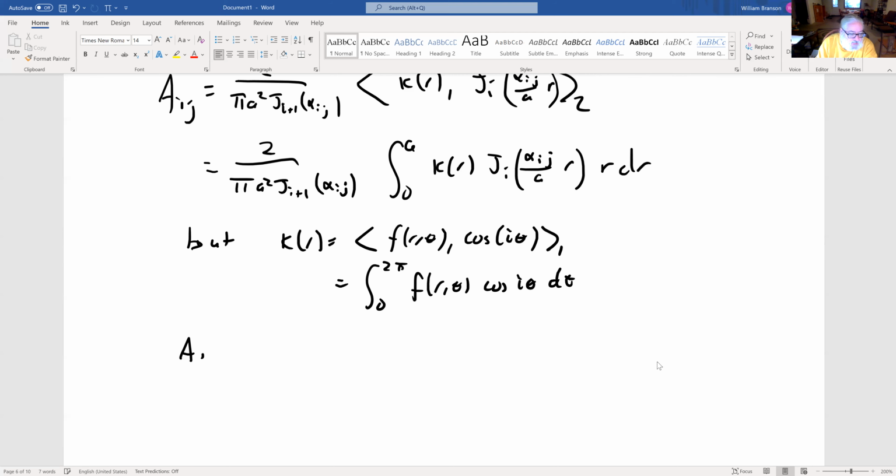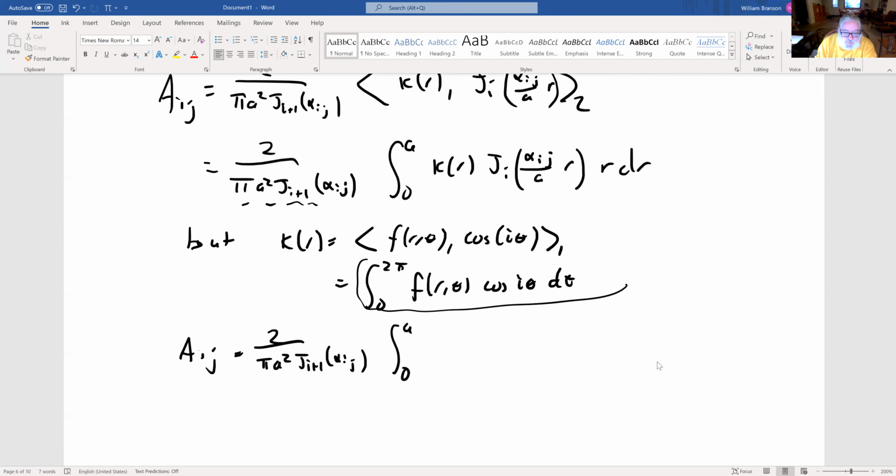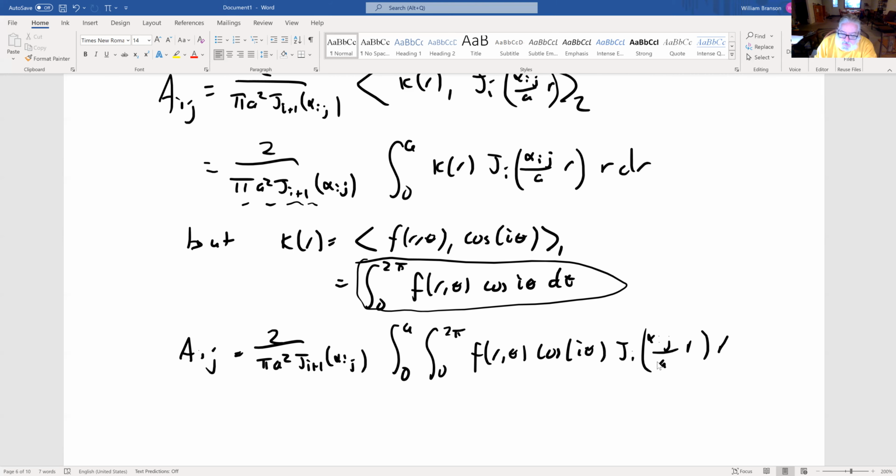So if we plug that in, we get a I j is all this coefficient out front, times the integral from 0 to a, and now k of r is this function of r, so the integral from 0 to 2 pi of f of r theta cosine I theta j sub I alpha I j over a r d theta dr. And so that gives you a formula for a I j.